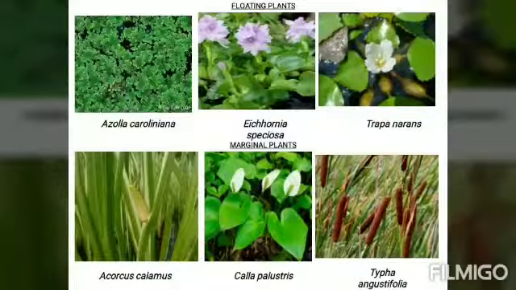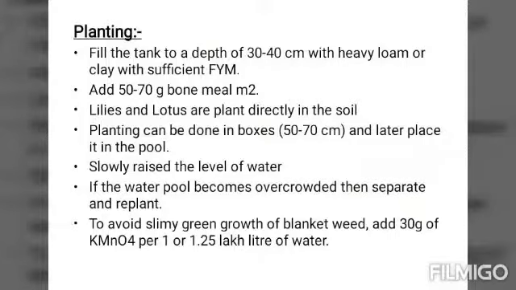Now we'll come to the next part, which is about planting. When you do planting, the first thing, as we already said, is to keep the pond place very clean.